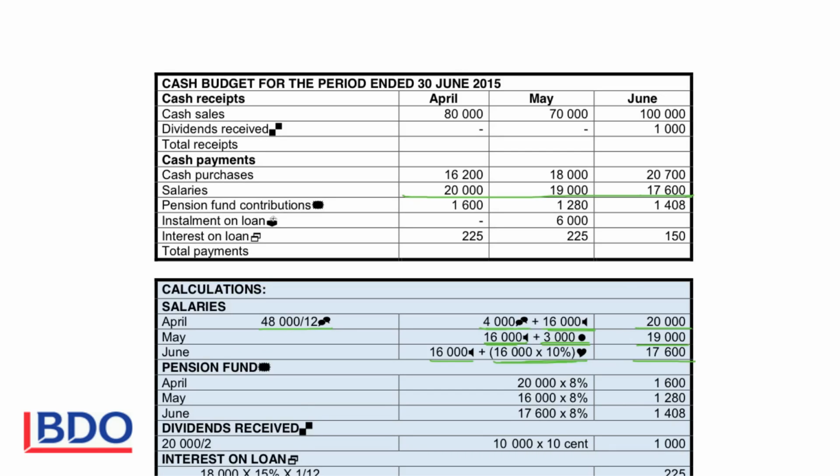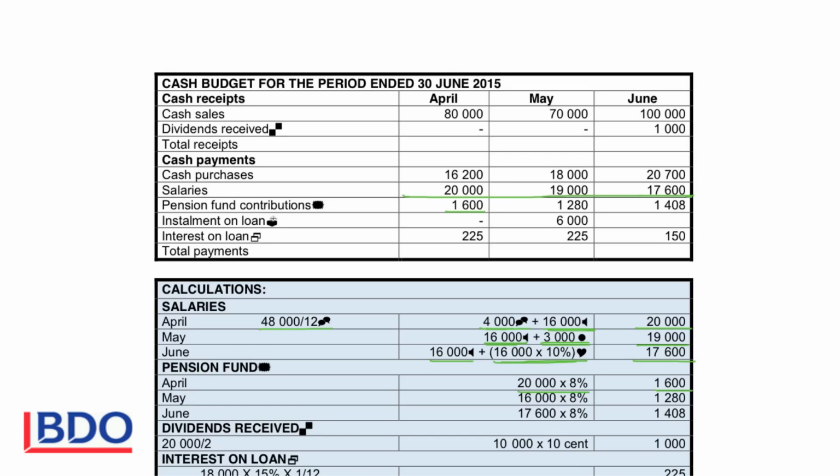If we look at the pension fund contributions, in April, the salaries was 20,000 times 8% will give me 1,600. So I will show the payments for pension fund contributions in April will be 1,600.